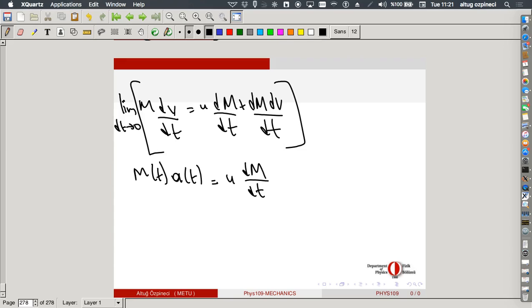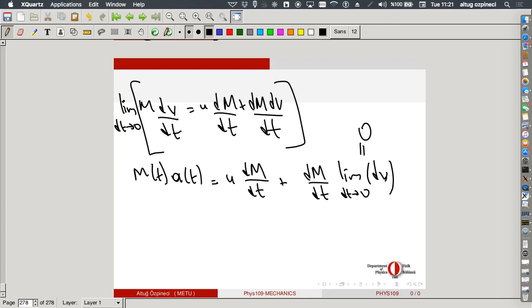Well, if dt goes to 0, both the change in the mass and the change in the velocity go to 0, such that dm over dt is finite times the limit as dt goes to 0 of dv. This limit is 0. So you see here, this is fine. This is a finite number. This just tells me how fast I'm burning the fuel. But this is 0. So this doesn't contribute. In this limit, this term is 0.